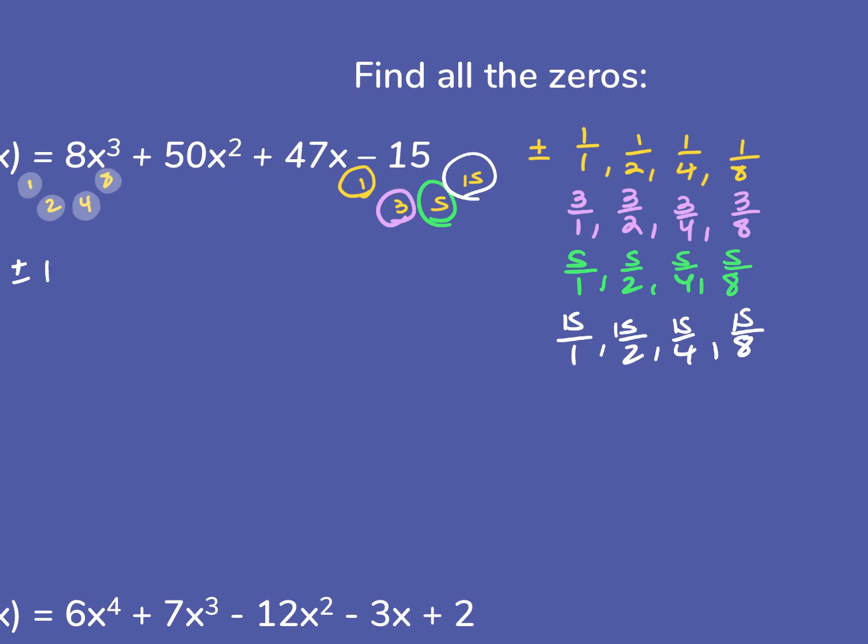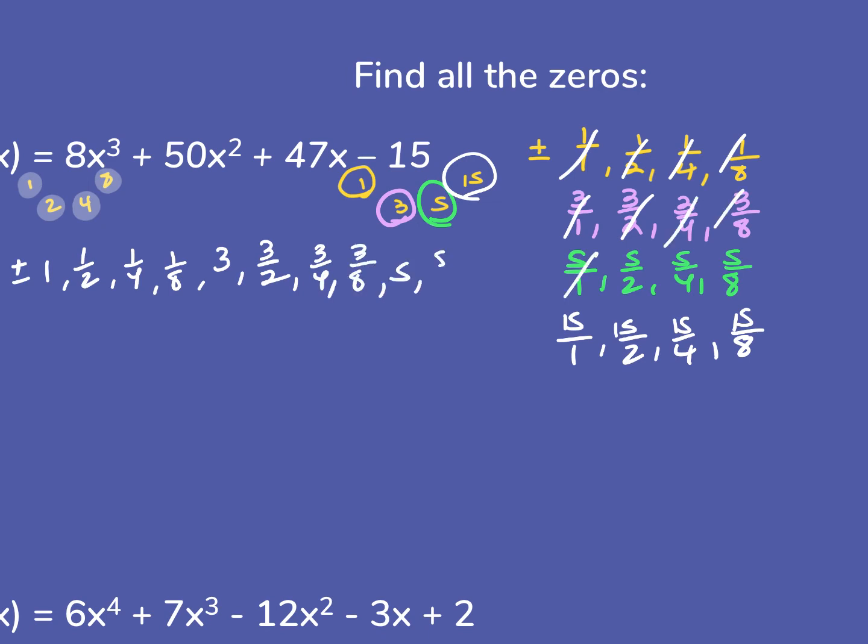So it's plus and minus 1, 1/2, 1/4, 1/8. 3, 3 halves, 3/4, 3/8. 5, 5 halves, 5/4, 5/8. 15, 15 halves. Oh, I crossed out the wrong one. 15/4 and 15/8.